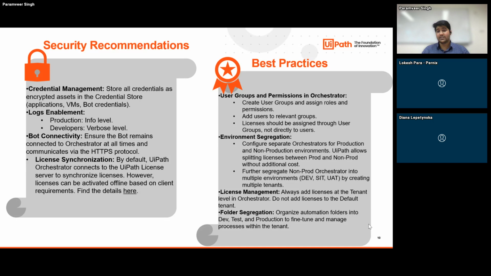And next is the environment segregation. Once you configure the orchestrator, it is recommended that you configure 2 orchestrators, one for production and one for non-production environment. And why so?